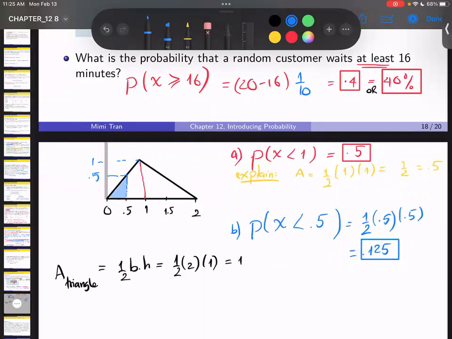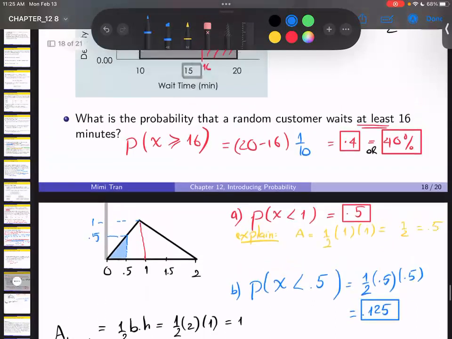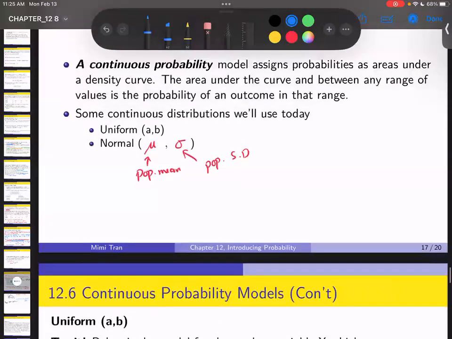I hope you guys get a little bit better feel about continuous random variables using geometry. Which one is easier for you, discrete or continuous so far? Discrete, right?